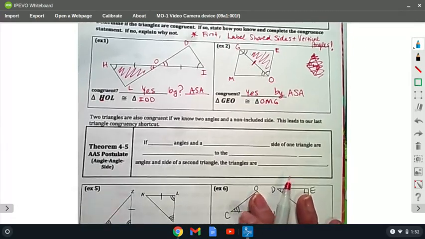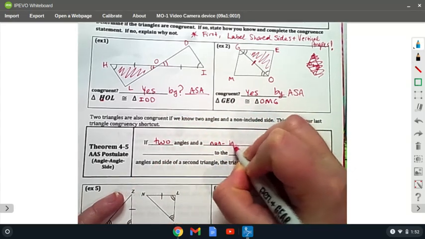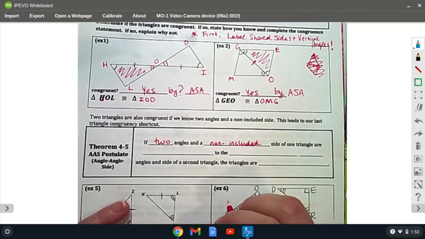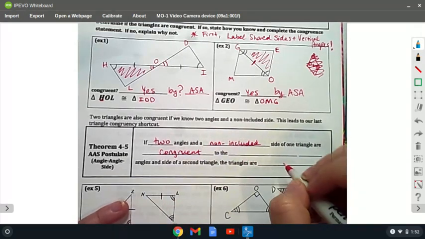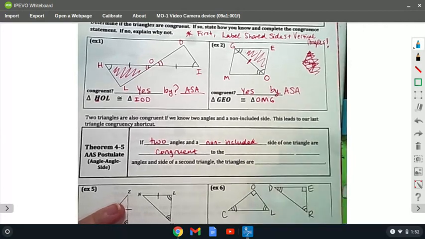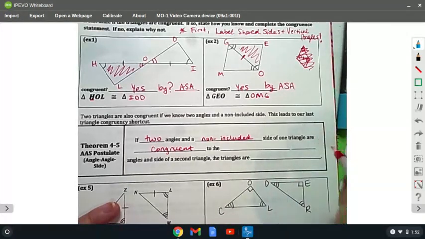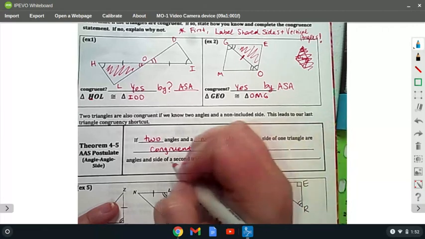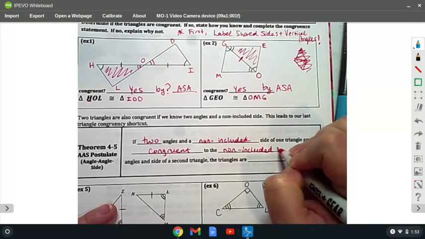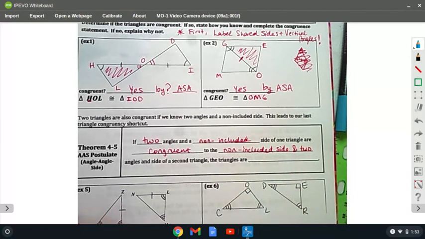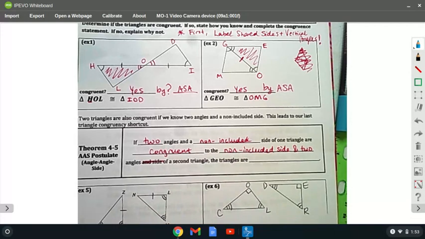And that leads me into angle, angle, side, which is when two angles and a non-included side, like I just pictured, of one triangle are congruent to the non-included side and two angles of a second triangle.